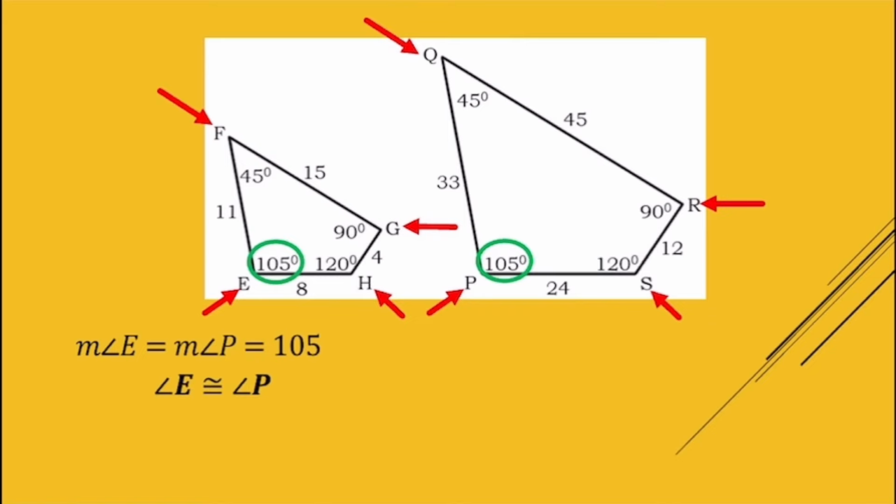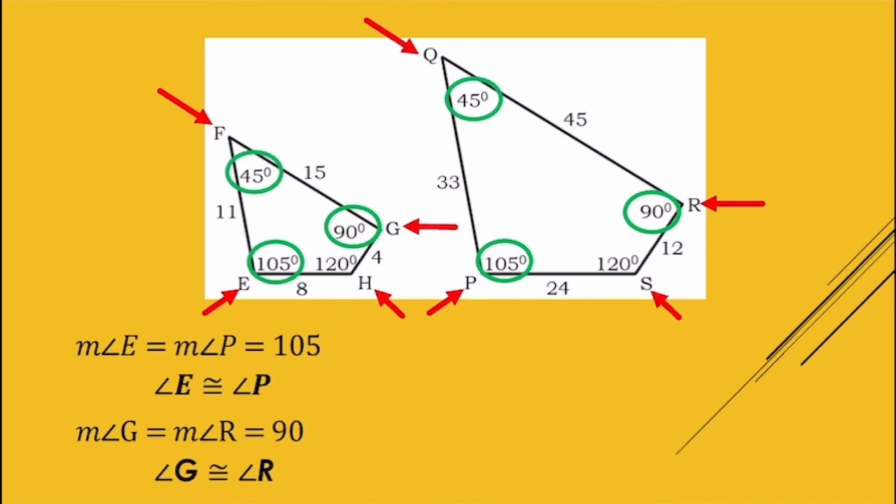Next, the degree measure of angle G is equal to the degree measure of angle R, which is 90 degrees. Therefore, angle G is congruent to angle R. Next, the degree measure of angle F is equal to the degree measure of angle Q, which is 45 degrees.